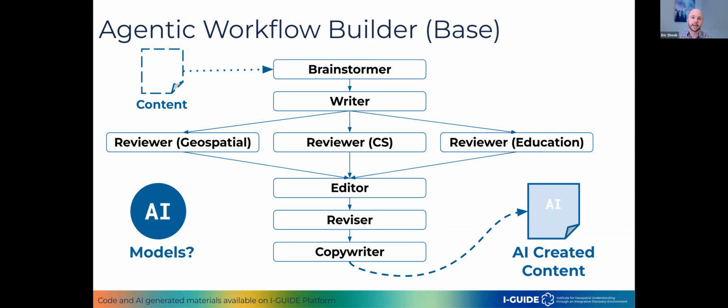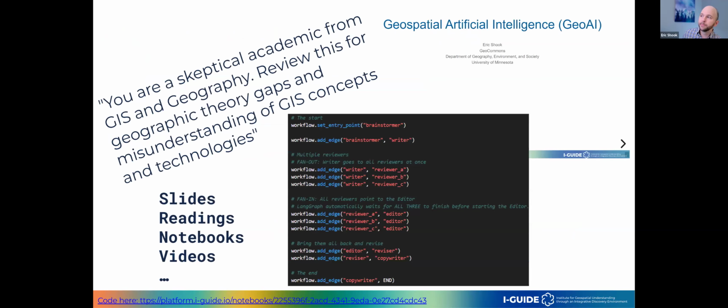Eventually it would be nice to be able to run this locally in case people don't want to use cloud-based systems, although then you lose access to the bigger frontier models. So what we're doing right now is trying to keep it pretty accessible. Everything here is available on the I-GUIDE platform, including the code that I was just talking about.